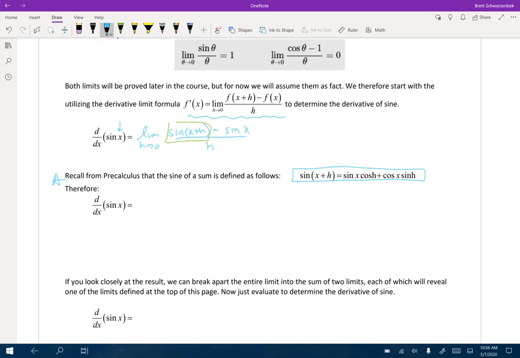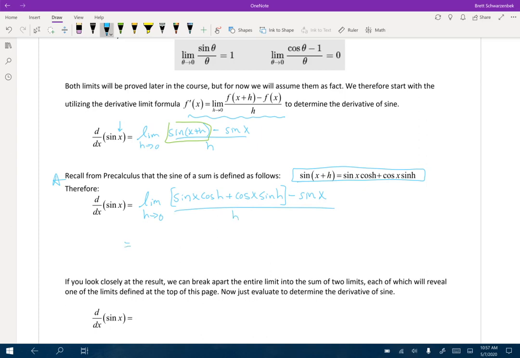The limit as h goes to 0, we're going to get the sine of our first variable times the cosine of our second variable, plus the cosine of our first variable times the sine of our second variable, minus, by the way, this is all one quantity where the green is, minus sine x over h.